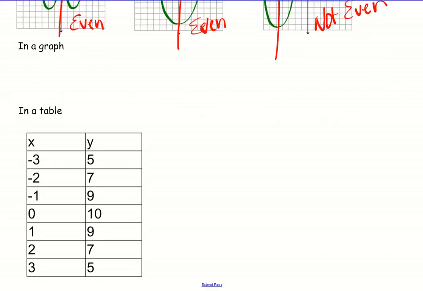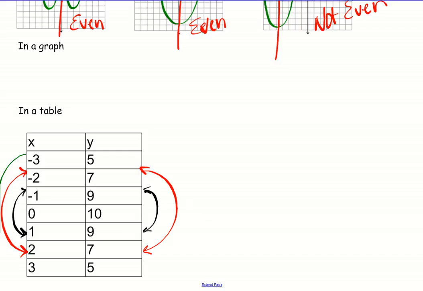Now, in a table of values for even functions, I want you to notice opposite x values give the same y value. Opposite x values give the same y values.